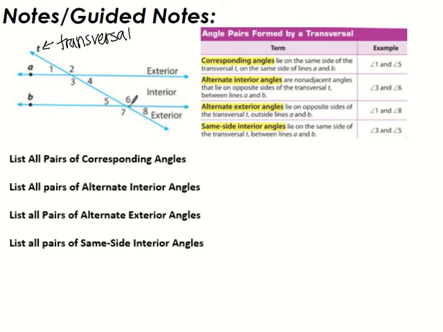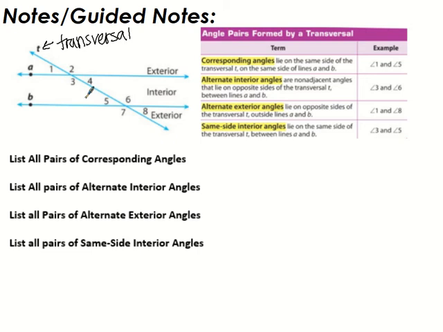Basically, it's just a line that cuts 2 other lines. The parallel lines are A and B. And when this happens, we end up with an exterior space, outside of my parallel lines, and an interior space inside my parallel lines.